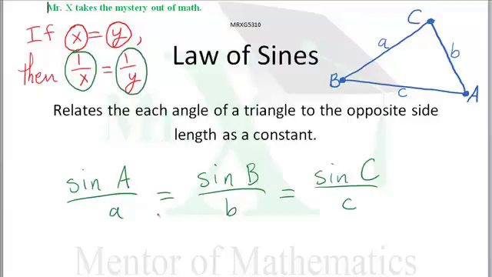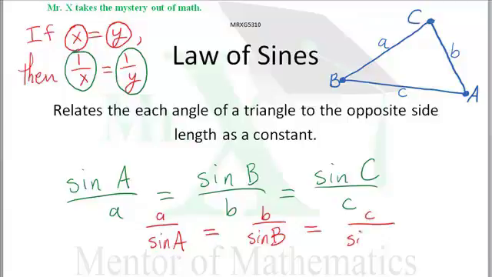So we can remember it like this. A over sine A equals B over sine B equals little c over the sine of big C. As long as you write them consistently, you can't go wrong. You cannot go wrong with the law of sines.